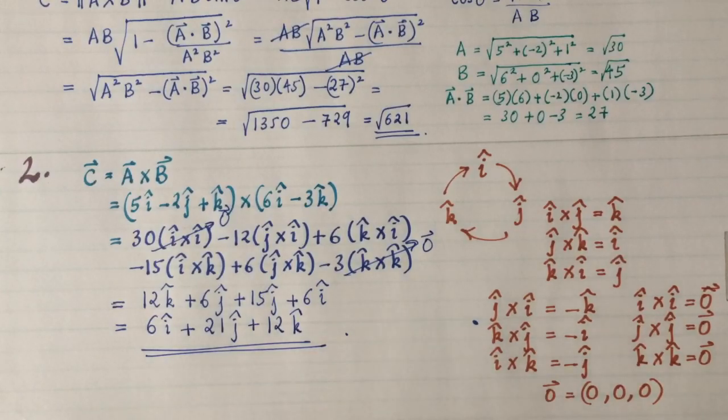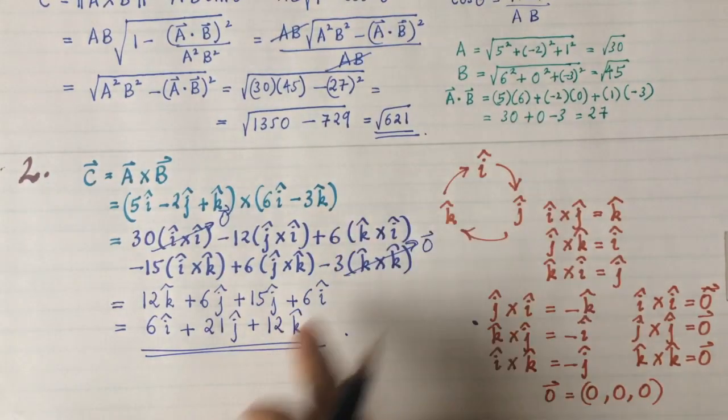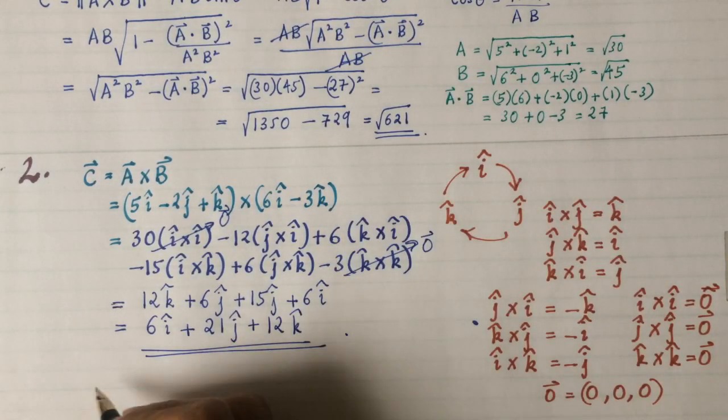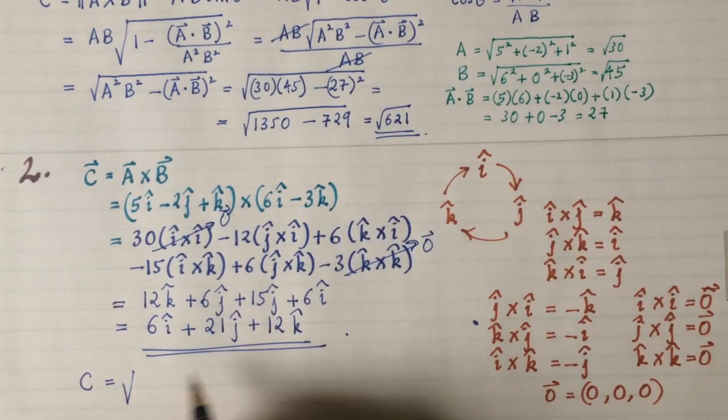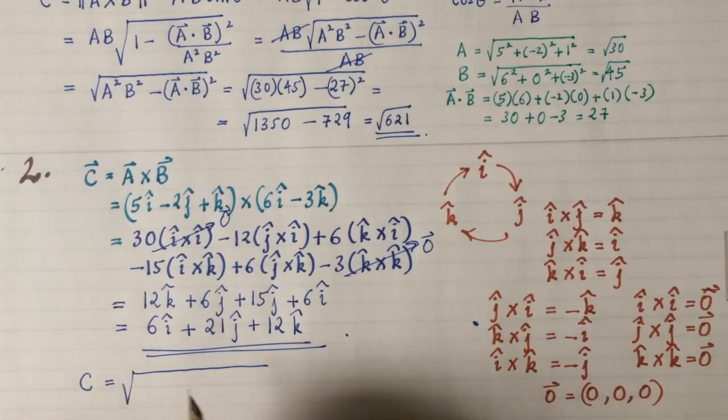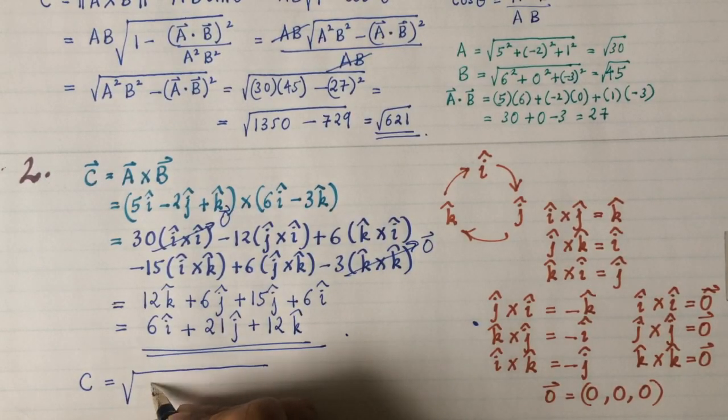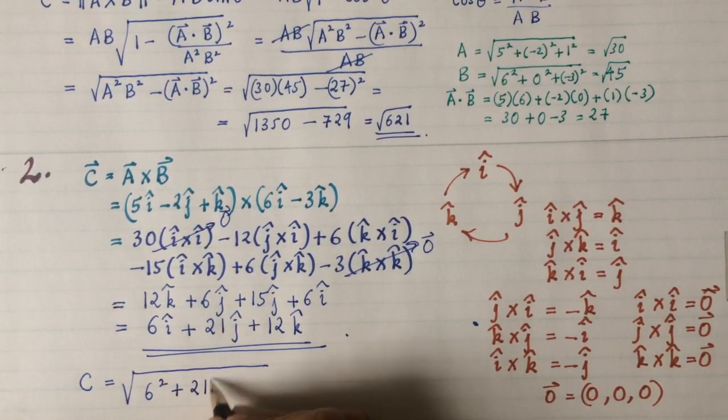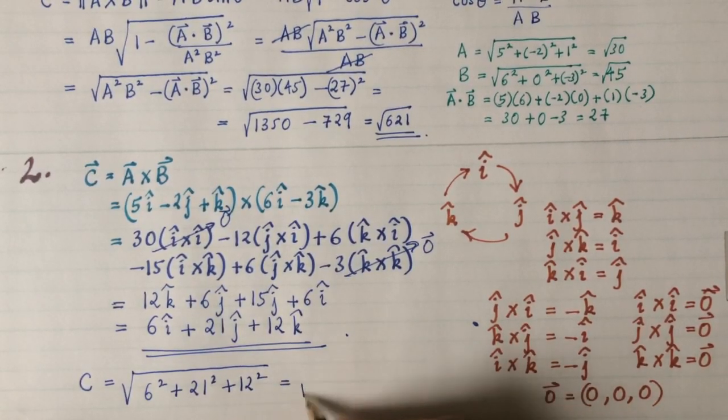It's a vector answer. Now, just to make sure we were consistent with that, I'll find the magnitude. The magnitude is going to be given by the 3D Pythagorean theorem here, and that's going to be 6 squared plus 21 squared plus 12 squared. So let me quickly work that out.